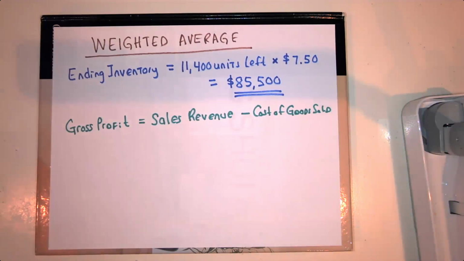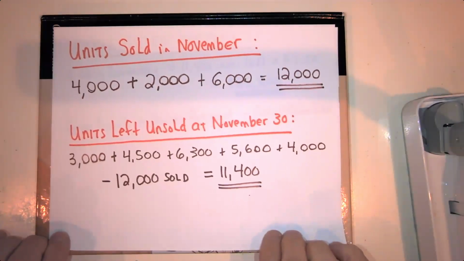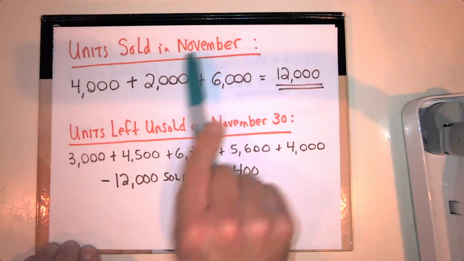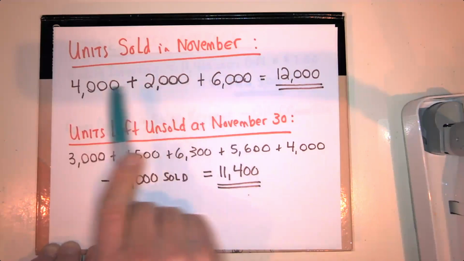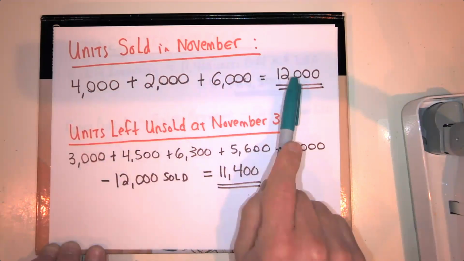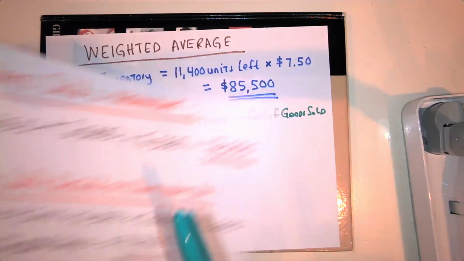So Chris, you're absolutely right. And what we calculated a little bit ago is that in the month of November, those were the three amounts you gave me, right? The 10th, the 20th, the 25th. We sold a total of 12,000 units.